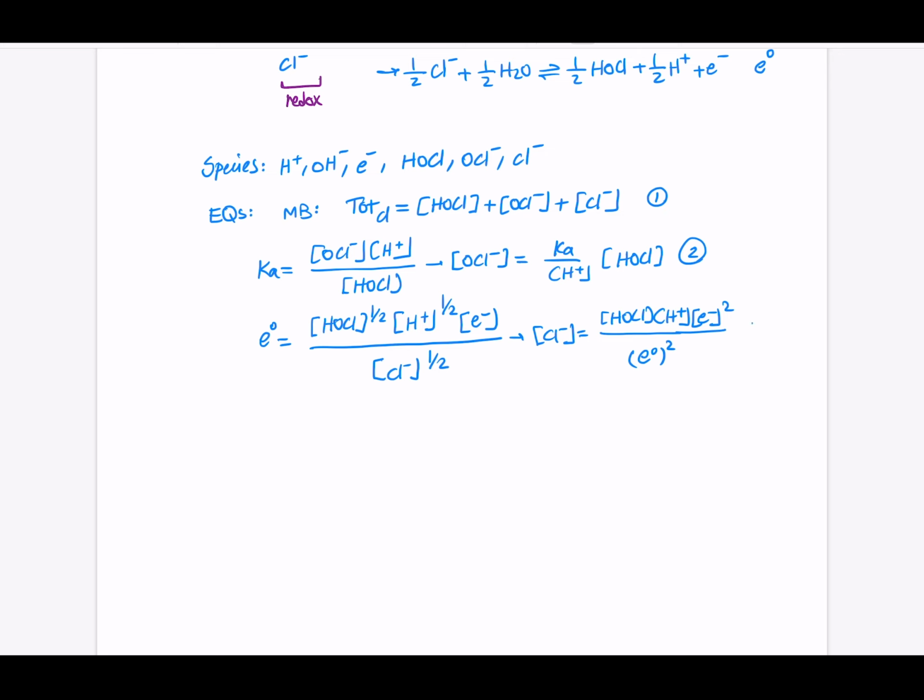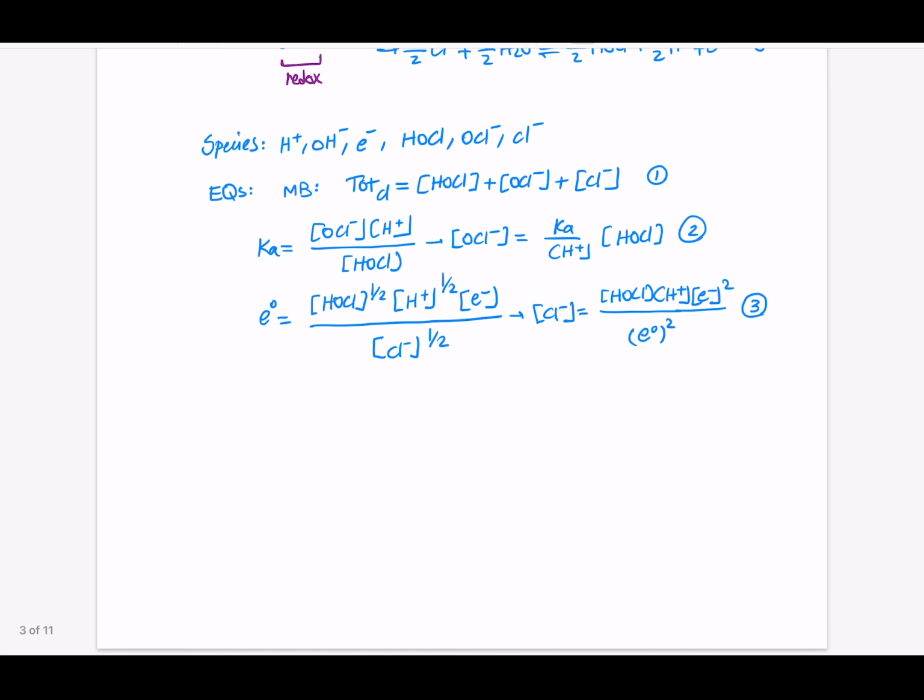So now we just need to insert these 2 into the mass balance. So this would be 3 and 2 into 1.